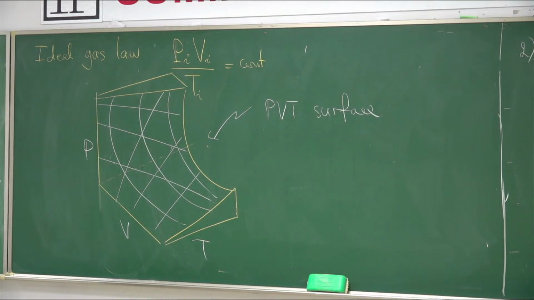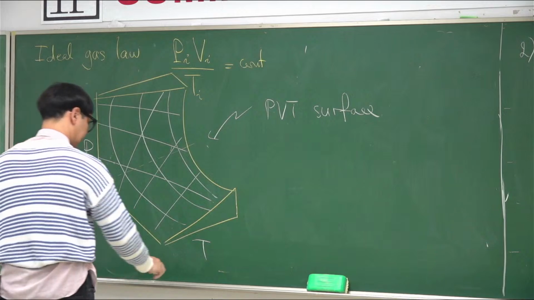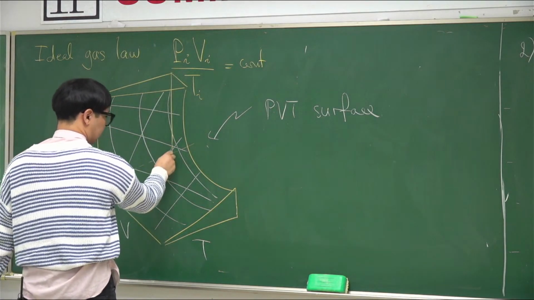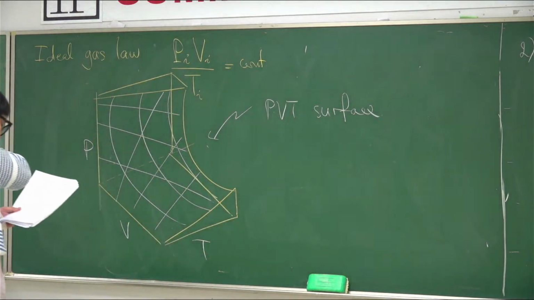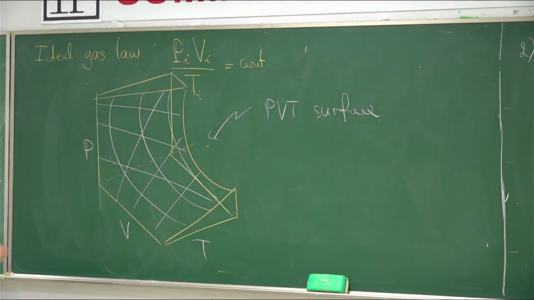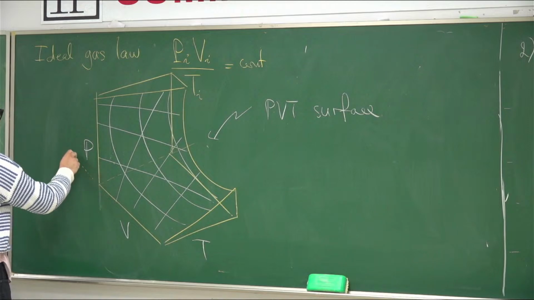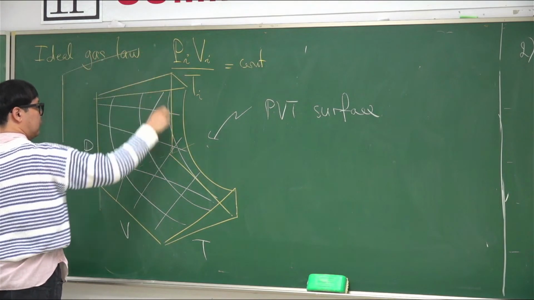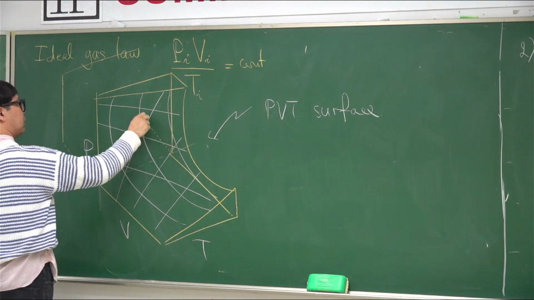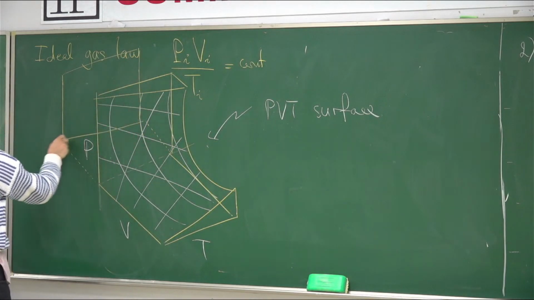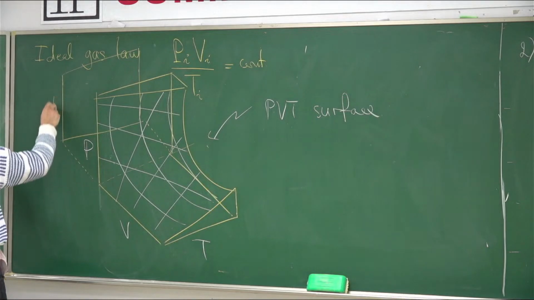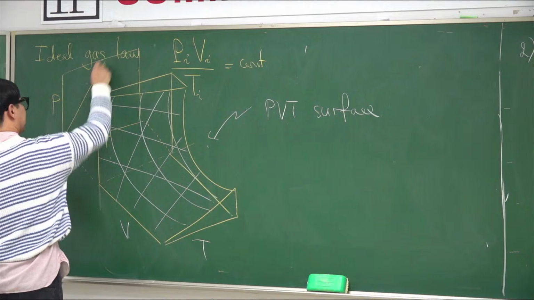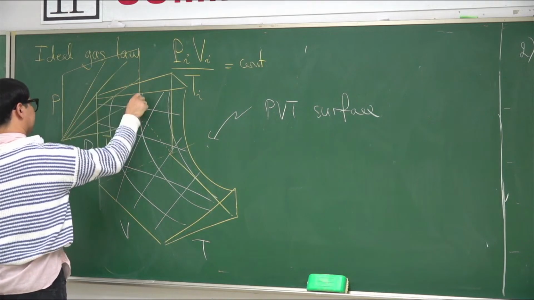If you do a projection on this direction, you're going to have this going to P, and this is going to be T. So you're going to have this kind of curve, right?